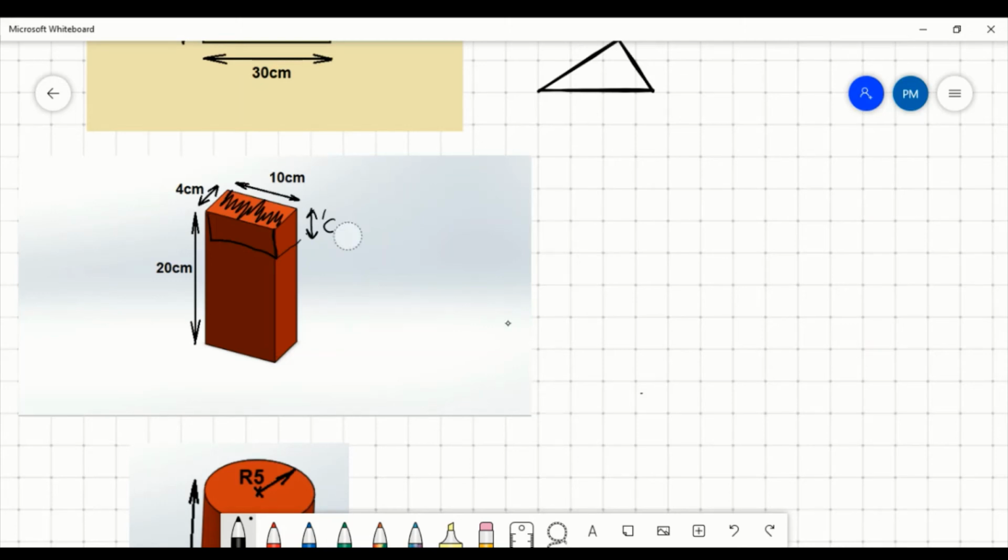So for this particular example, we're going to have 4 by 10. Volume is equal to 4 by 10 by the height, which is 20.